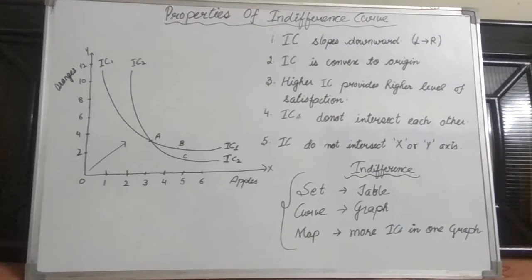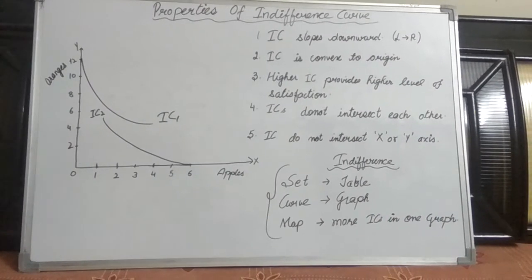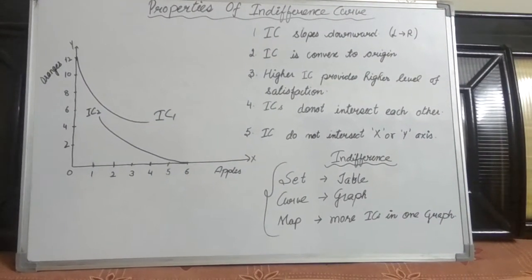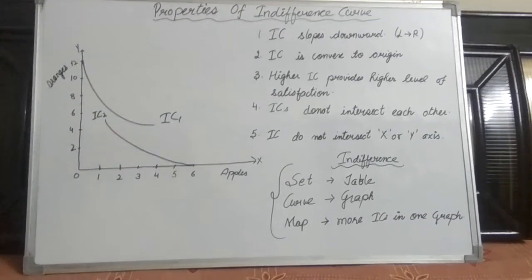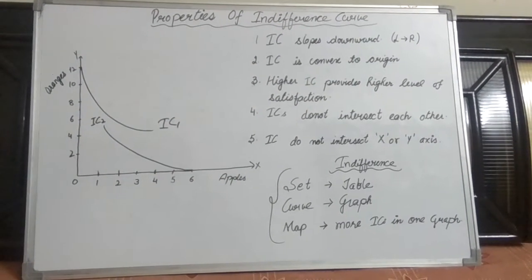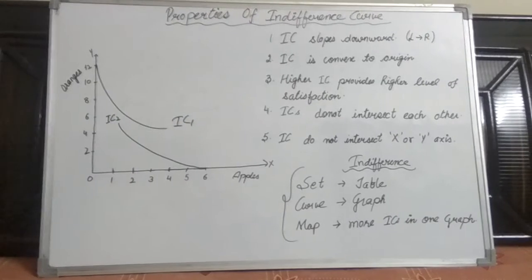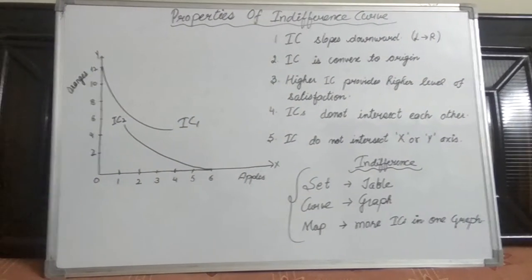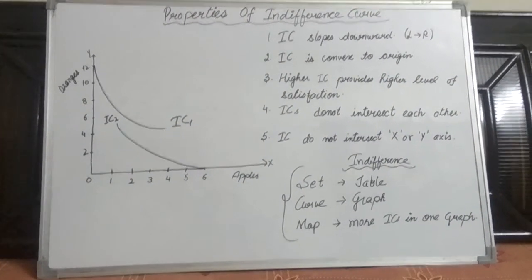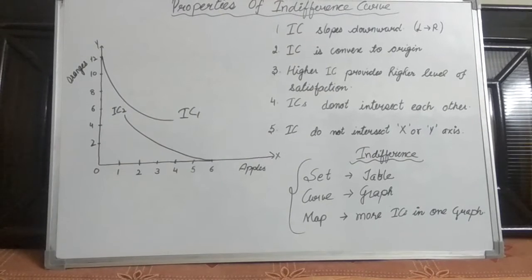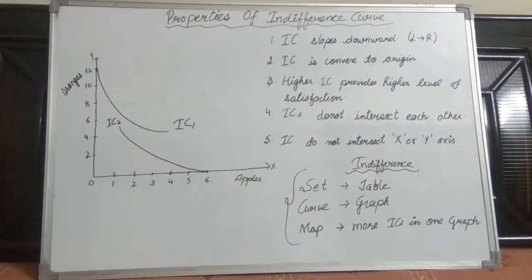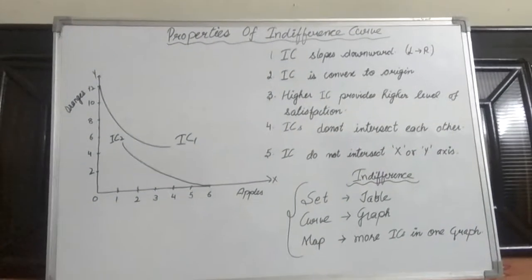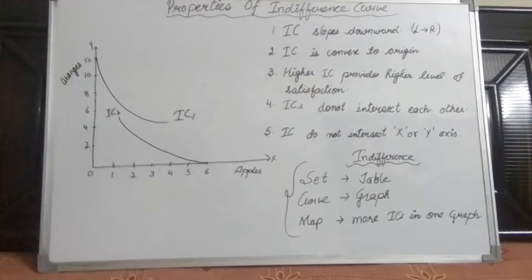The next property states that ICs do not touch the x or y axis. In the case of an indifference curve, the consumer is consuming two goods, and if the curve touches an axis, it means the consumer is consuming only one good and the second good is not consumed.